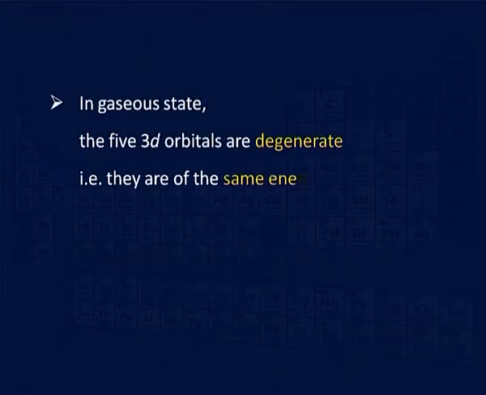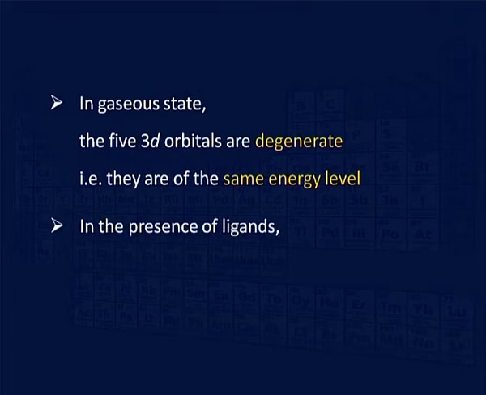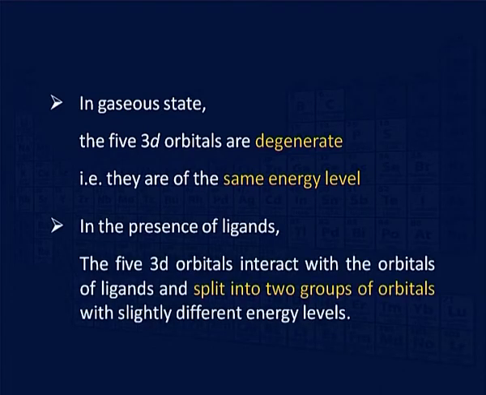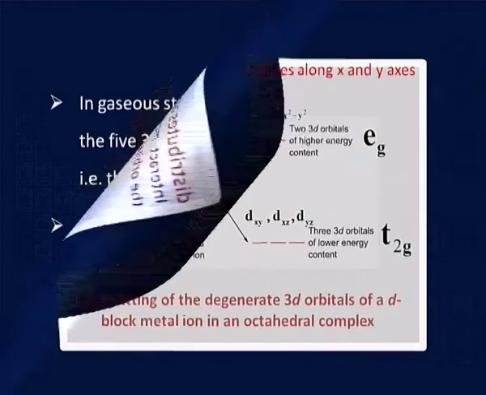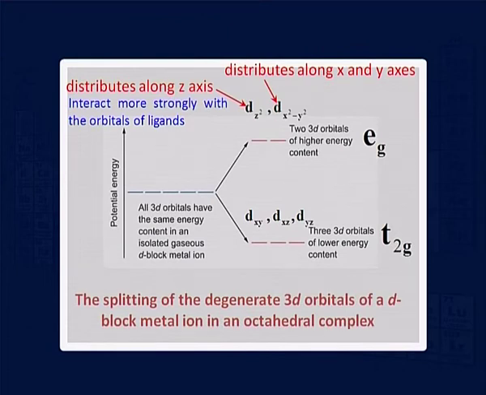So, this is a repetition of what I have told you, that initially the d orbitals are degenerate, that is to say they are of equal energy, but under the influence of ligand the degeneracy is perturbed or lifted and results in two groups. The same we can understand pictorially.